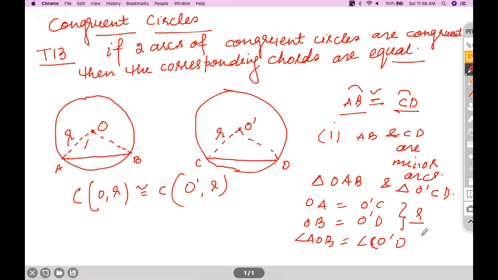So by this I can prove that this is SAS congruency between the two of them, and hence AB would be equal to CD.